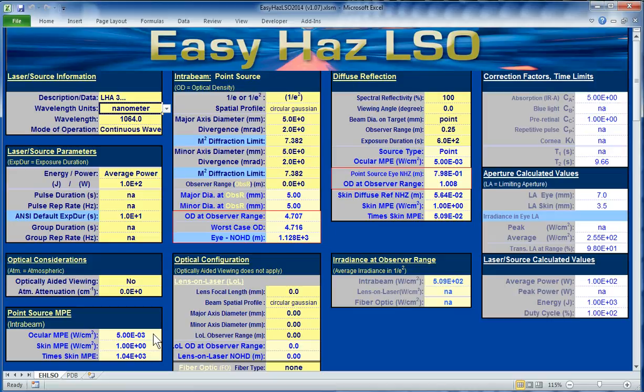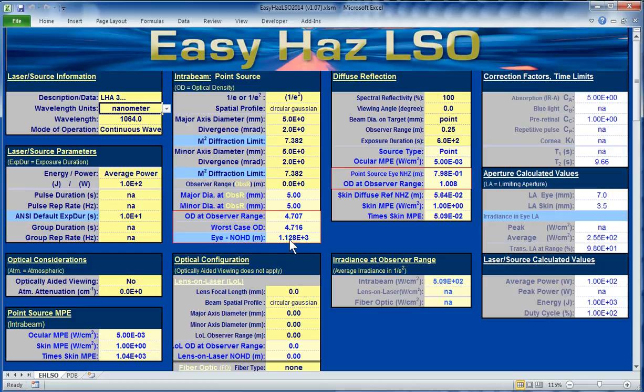So what this tells us is as we move from visible into the near IR, the MPE is increasing so that longer wavelengths aren't quite as hazardous. But we'll see in the table where it's not a linear curve at all, and we'll take a look at that when we look at tables.